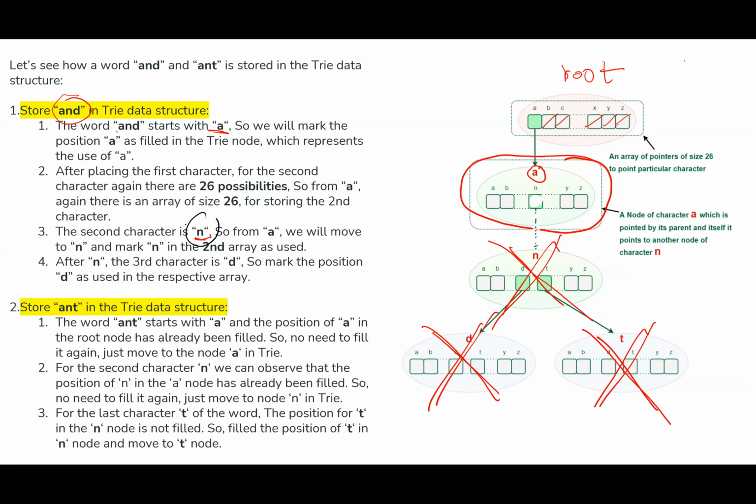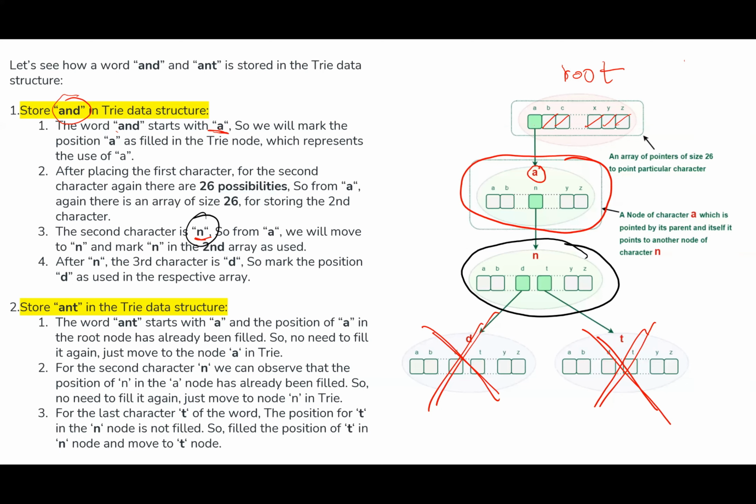Okay, so now we come to the second character, which is N. So next, we create another trie node, N, and we link it with the correct index, because N is a child of A. Whenever something is turned into a real link, we change the color to green.